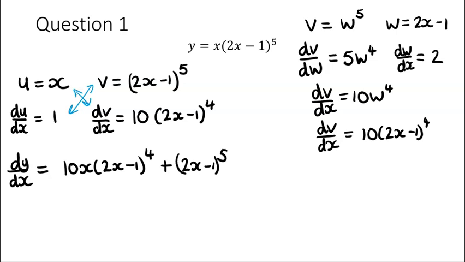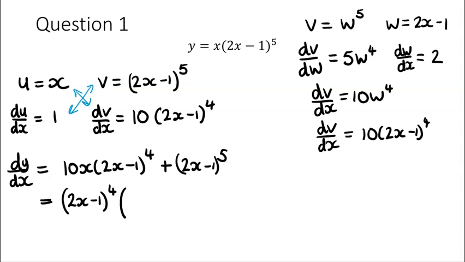And this question didn't ask us to do any simplifying, but sometimes questions might ask you to put them in particular forms. So we can actually write this as a product. The way we can do that is we can notice that we've got a common factor of 2x minus 1. In fact, I've got a common factor of (2x minus 1) to the power of 4.